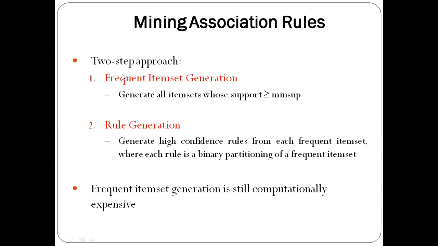The first step is frequent item set generation, where we will be generating all the frequent item sets by considering the condition where support is greater than or equal to minimum support. The second is rule generation, where we will be extracting all the high confidence rules using the frequent item sets found in the first step. From these frequent item sets, we will be generating the rules which have higher confidence.